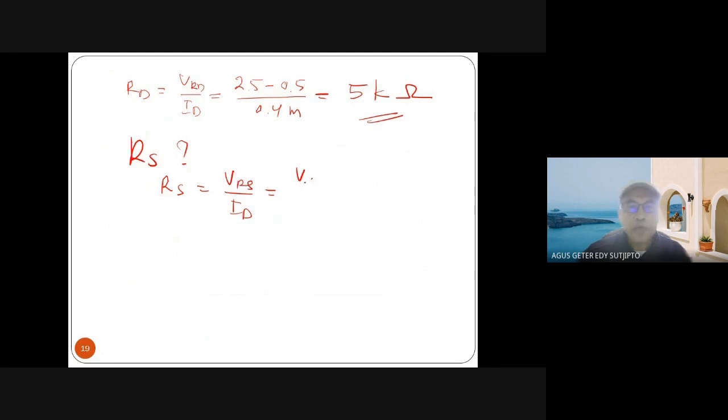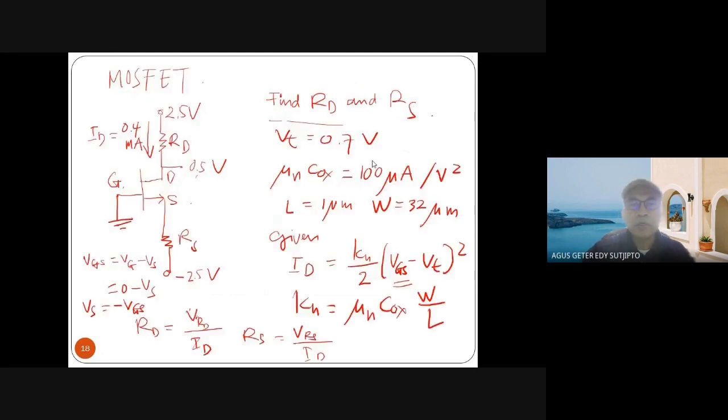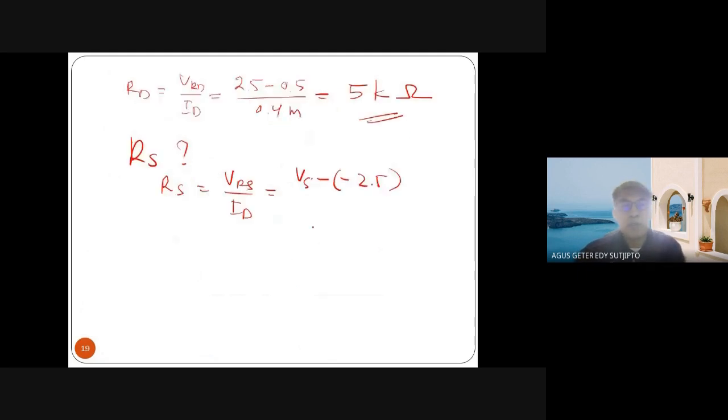Okay, so we can continue. What is the RS? RS equals VRS over ID. VRS is VS minus 2.5.